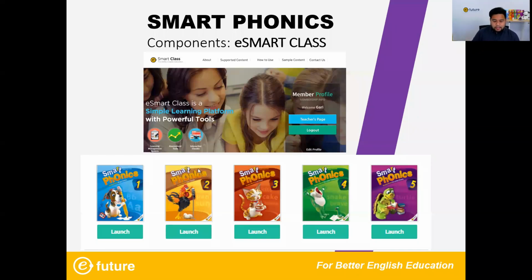For those that are using our books, we have a lot of our ebooks on there. So if you're using Zoom, you can launch the ebook and screen share it, rather than trying to take your textbook and showing the students, okay, open your book to this page and all that.